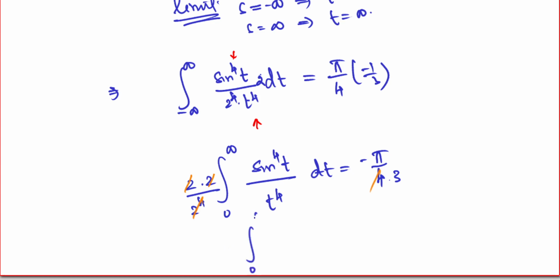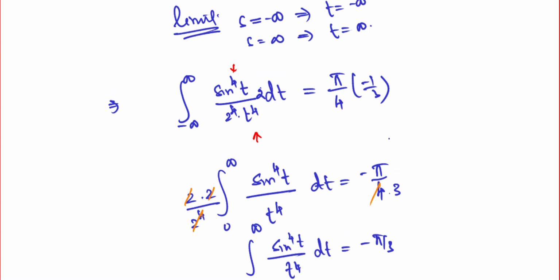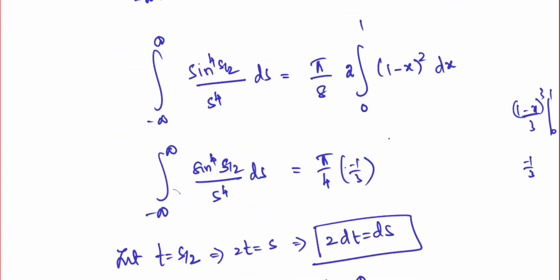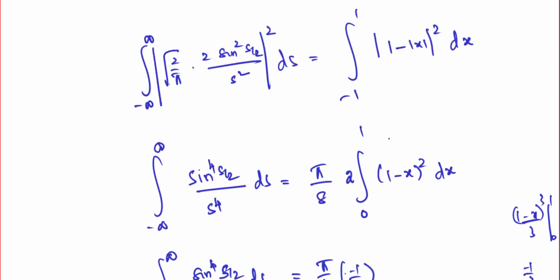the integral from 0 to infinity of sine to the power 4t divided by t to the power 4 dt, which is actually minus pi by 3. Okay, yeah. Seems like I missed one minus in the computation. Not sure where I missed that. Yeah, here.